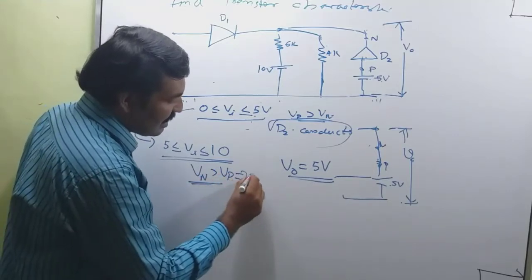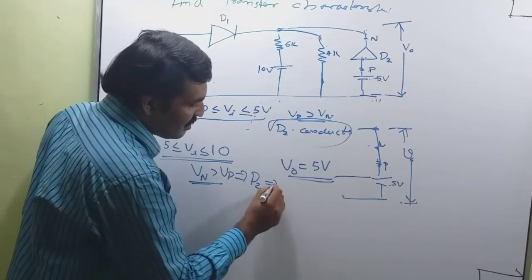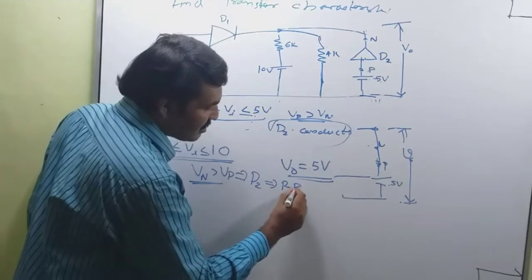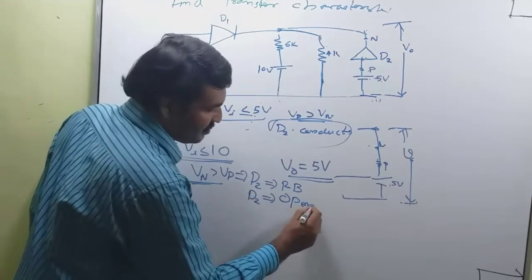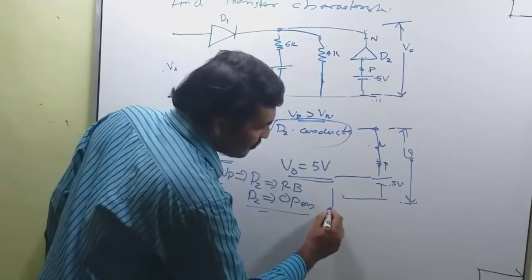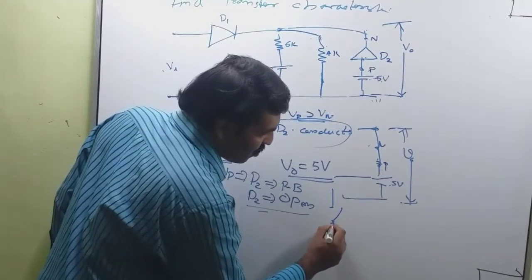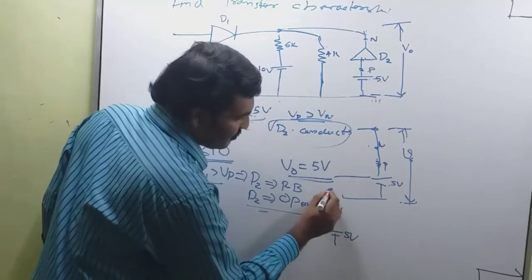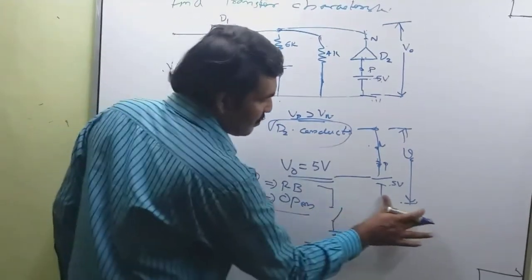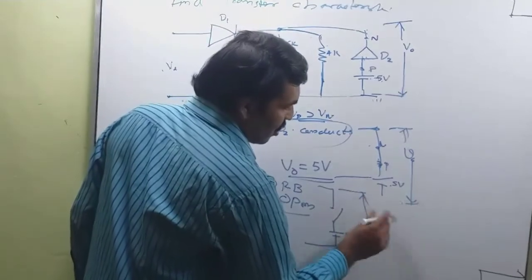That implies diode D2 is in reverse biased condition, and D2 is open. So D2 will look like an open circuit, with the 5 volt, and this is our output.